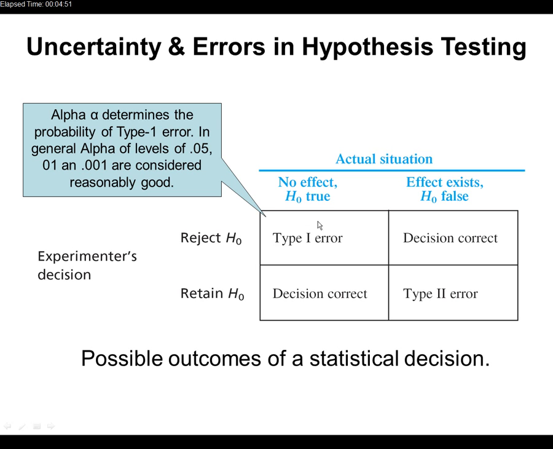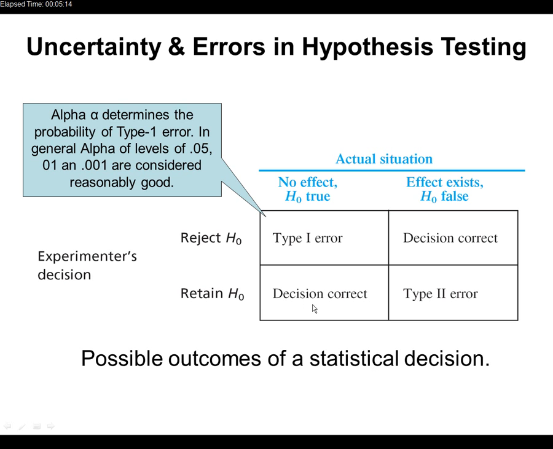Okay, so I have type 1 error if no effect, and the effect exists, and that means that the null hypothesis is false. Okay, so I could either have type 1 or type 2 error, and here's the possible outcome.